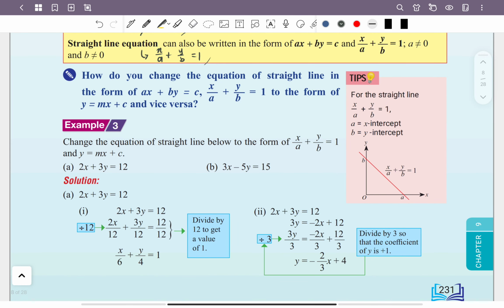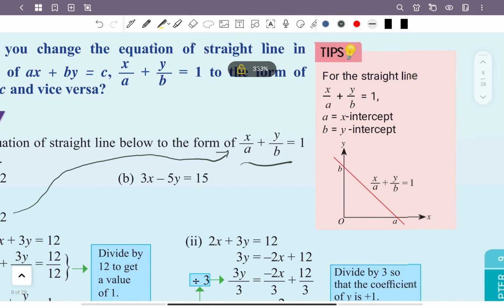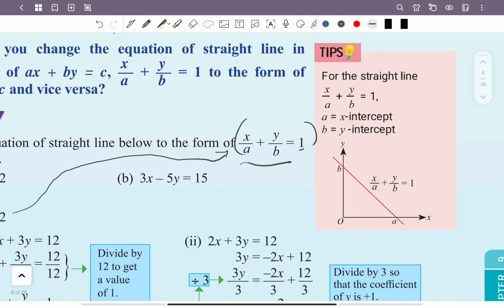We just go through question A. So question A, example 3: change the equation of the straight line into the form x over a plus y over b equals 1 and y equals mx plus c. We look at question A first, and try to change into this form first. As you know, here this one is 1.